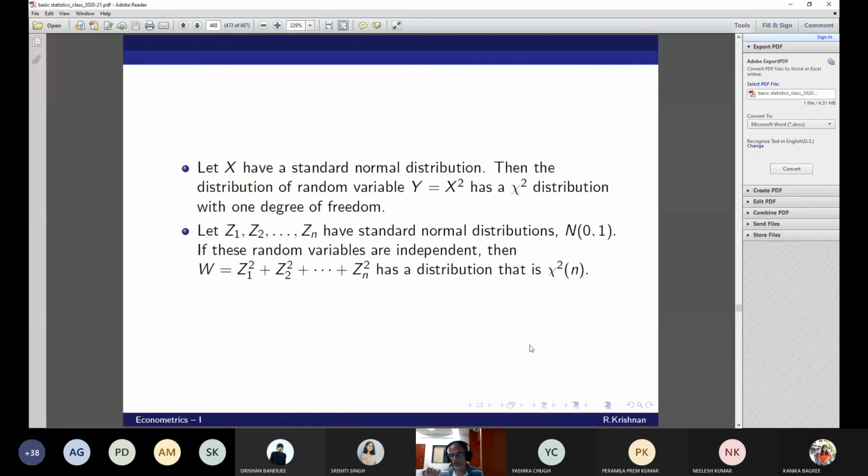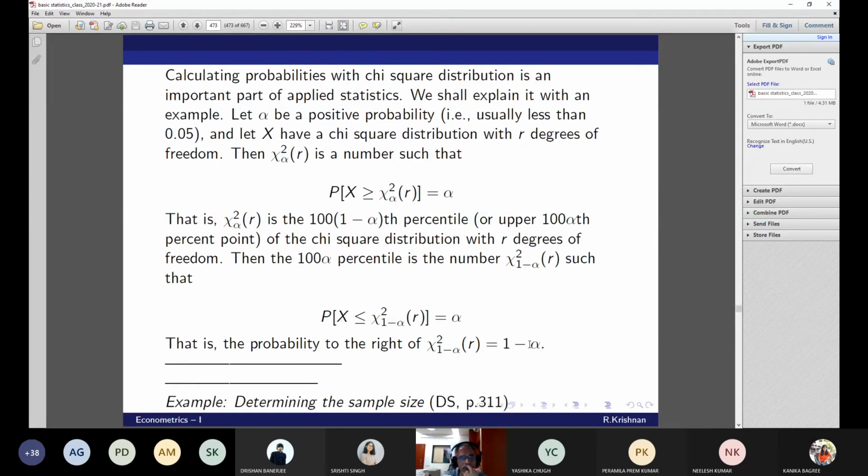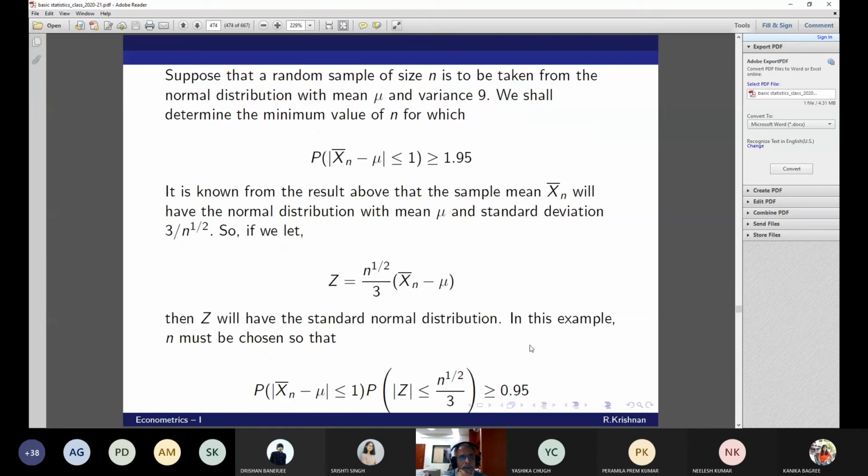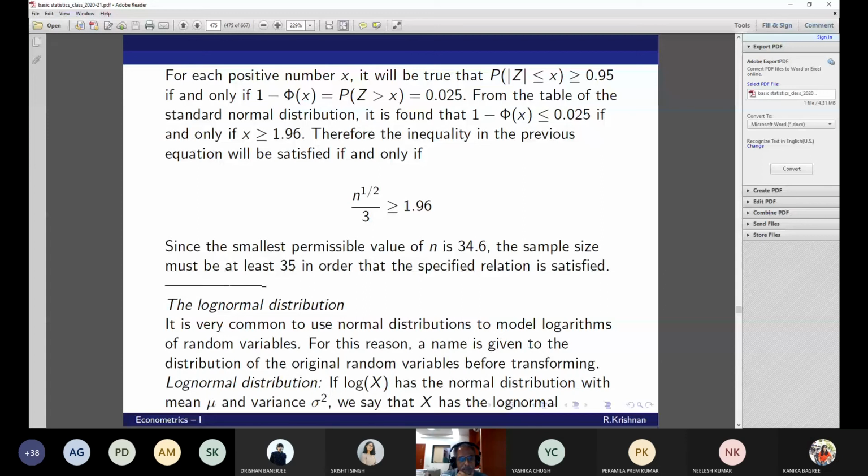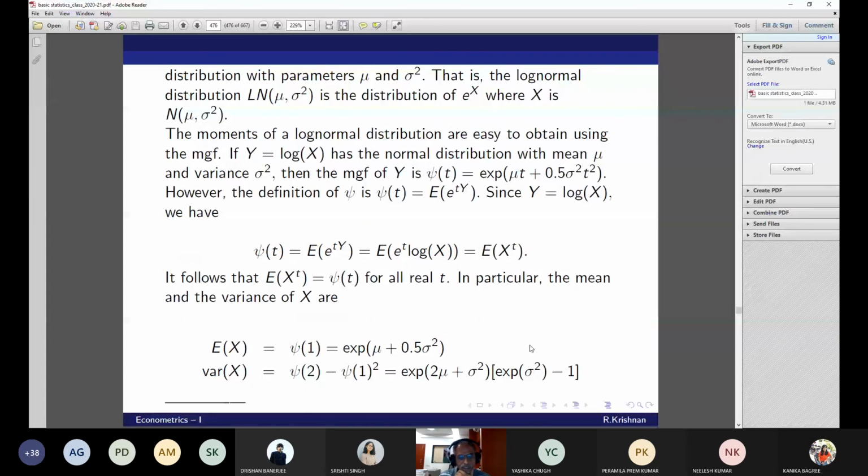I think I'll stop for the day, and I don't want to include all these things, log normal distribution and all, for the exam. We will come back to the log normal distribution and other things later.